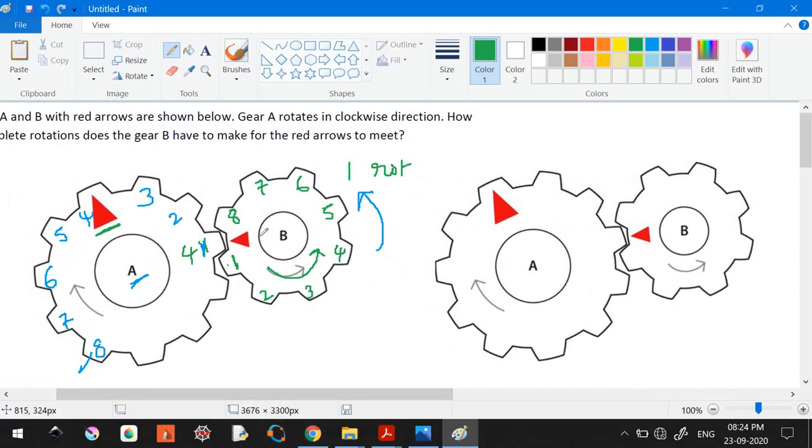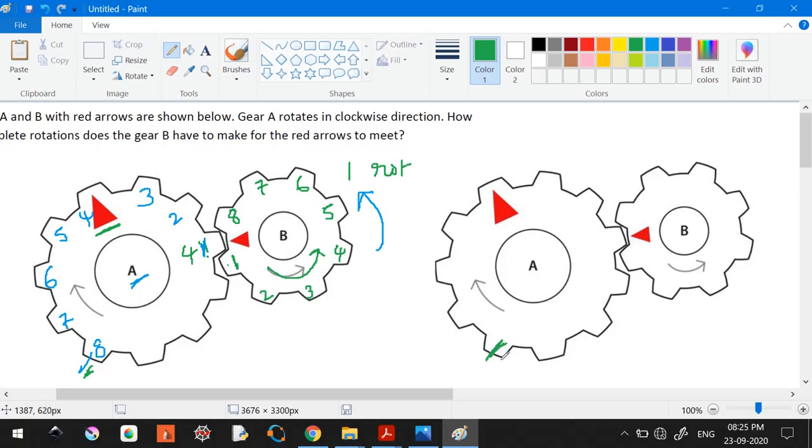So after one rotation, let's say, my 8 is coming here, right? Yeah, so 8 is coming here. So which means this is 8 now.